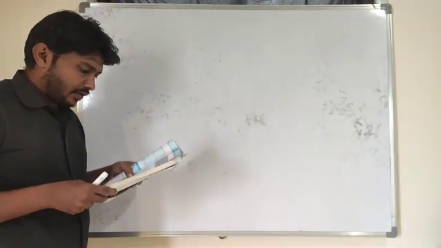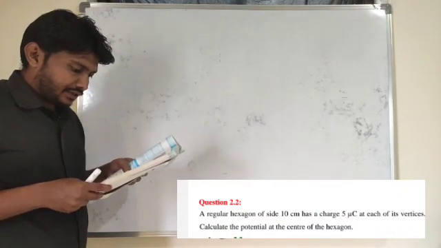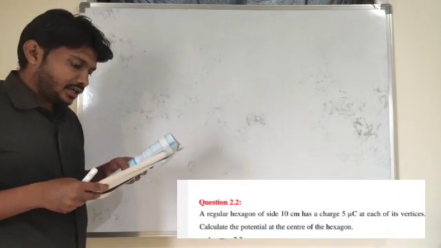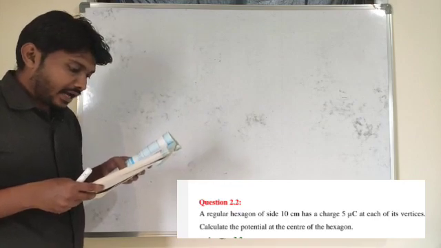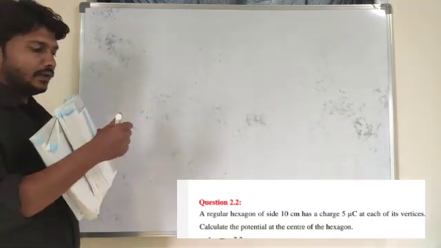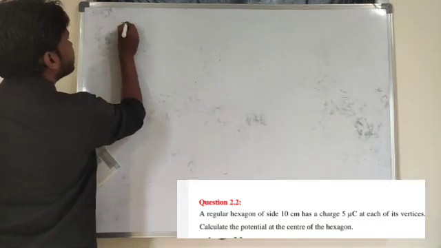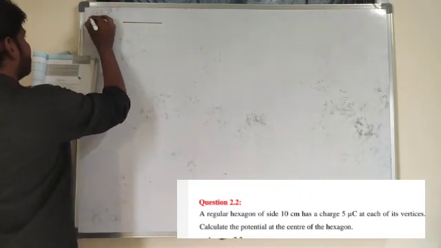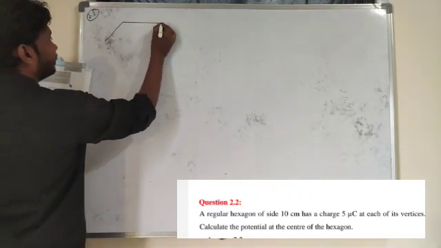A regular hexagon of side 10 centimeter has a charge of 5 microcoulomb at each of its vertices. Calculate the potential at the center of the hexagon. So look here, this is one hexagon.